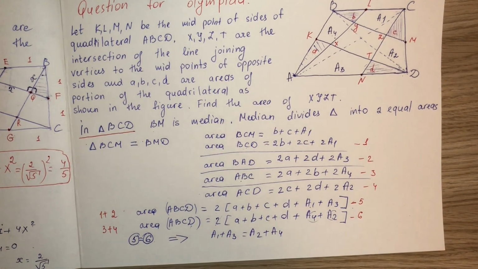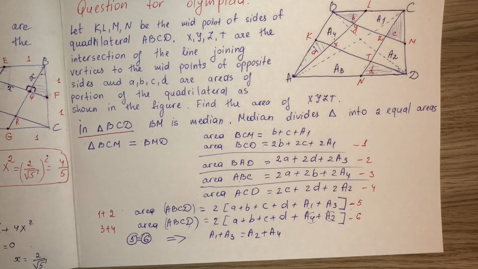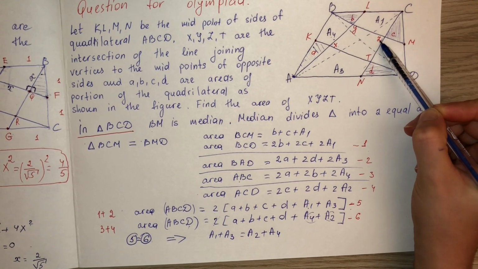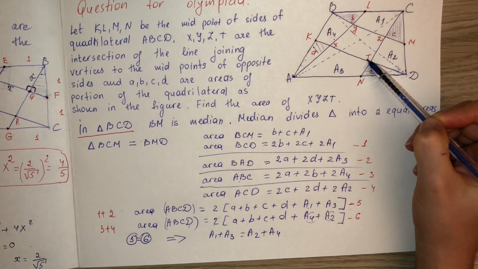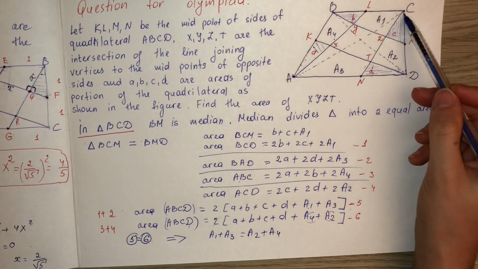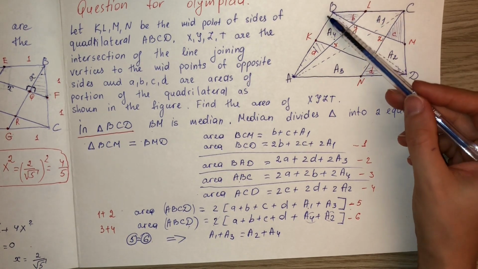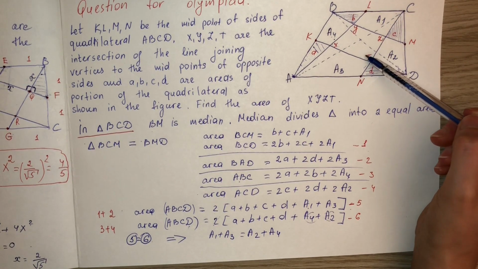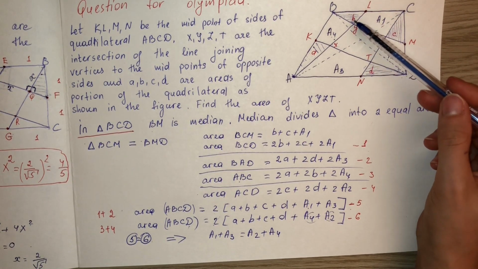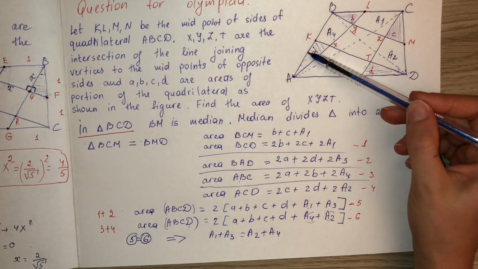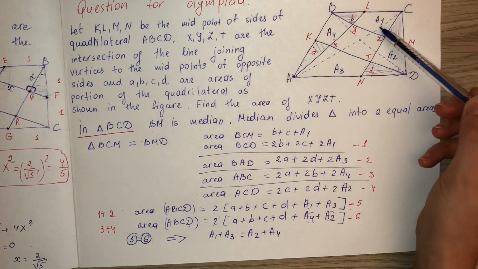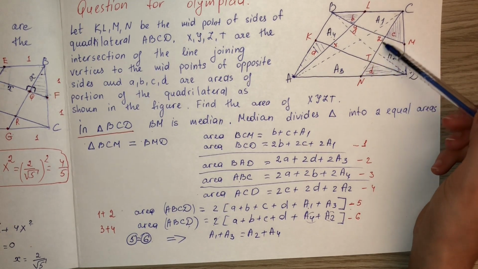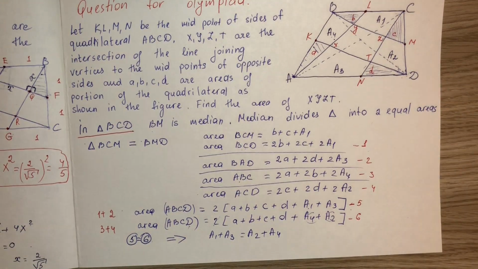And we know that the area of X, Y, Z, T is equal to, if we subtract the area of ABCD and A1, A2, A3, A4, we will get X, Y, Z, and T.